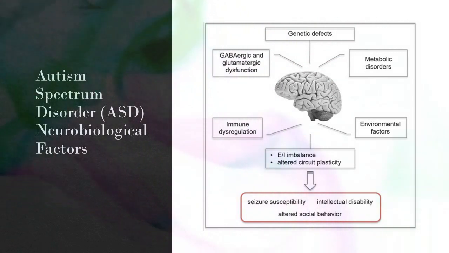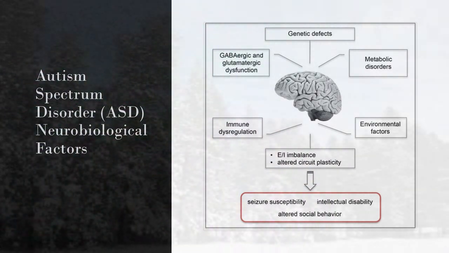There also seem to be some mutations which occur spontaneously and are not inherited from parents that seem to be prevalent in individuals with autism spectrum disorder. And these mutations can disrupt normal neurodevelopmental processes, and these can impact certain brain structures and their function.